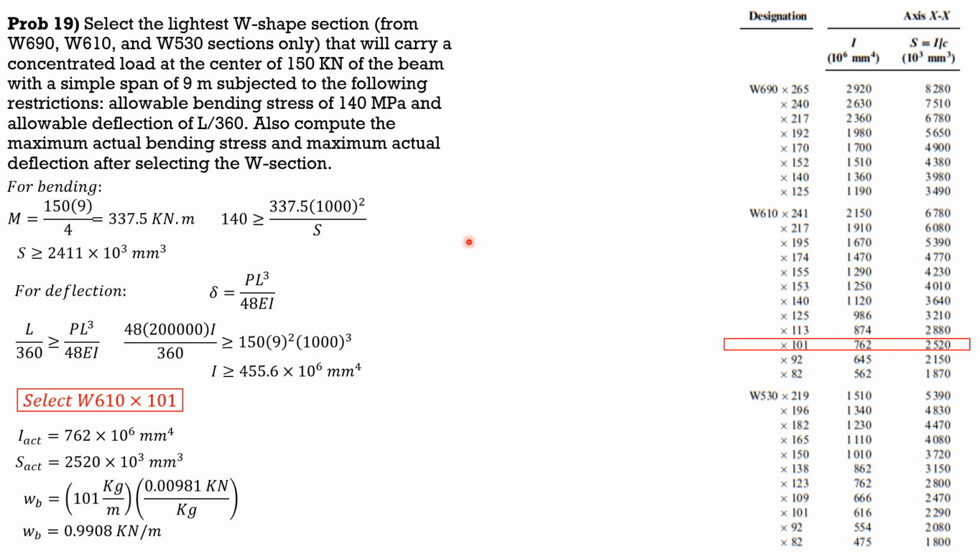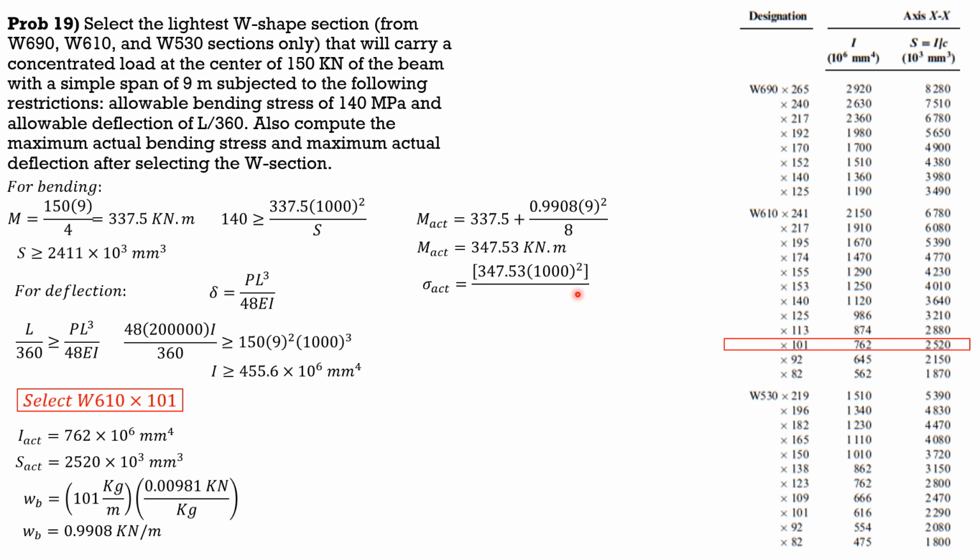So the maximum actual bending stress is actual moment over actual section modulus. So the actual moment is 337.5 plus weight of beam times length squared, 9 squared over 8. The moment contributed by the weight of the beam itself. So the actual moment is equal to 347.53 kilonewton meter.